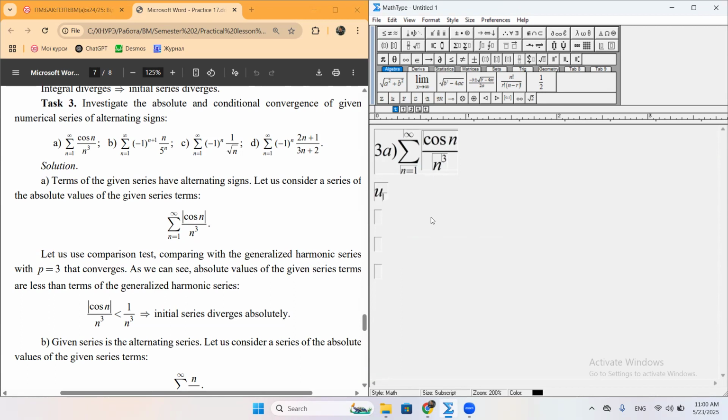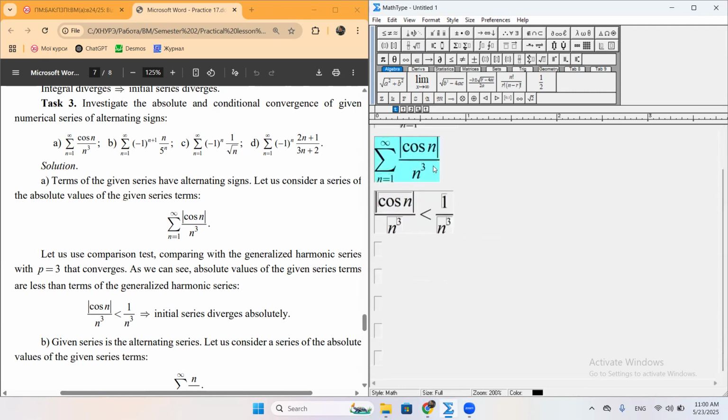So un equals this value. Let's investigate the series of modules of this series, and we can see that this term is less than 1 over n in power of 3.